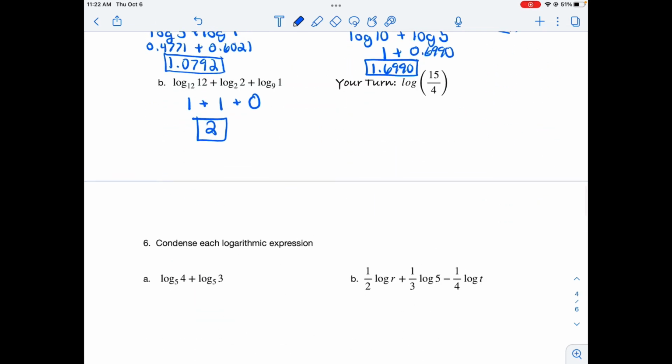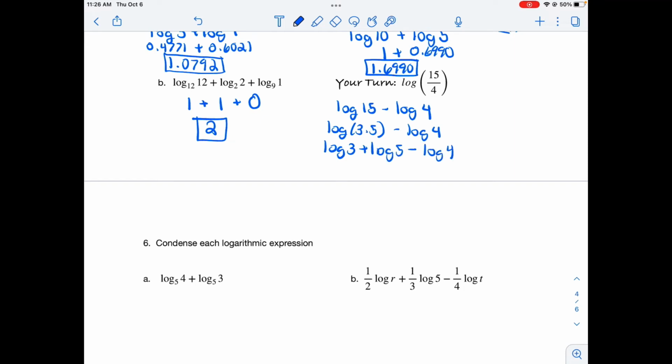So now I want you to try to use your quotient property or your product property to figure out this one: log of 15 minus log of 4. Log of 15 can be rewritten as log of 3 times 5. And I get log of 3 times 5 minus log of 4. And then log of 3 times 5 is the same as log of 3 plus log of 5 minus log of 4.